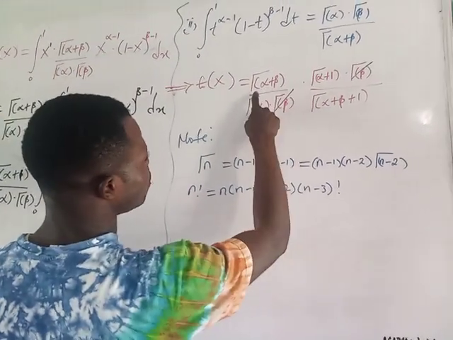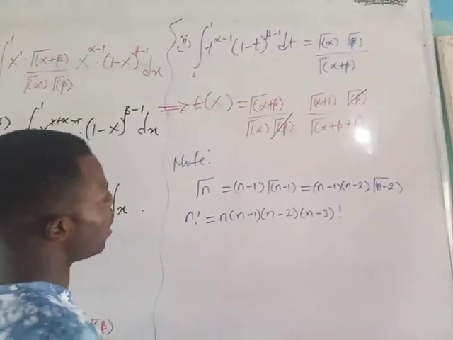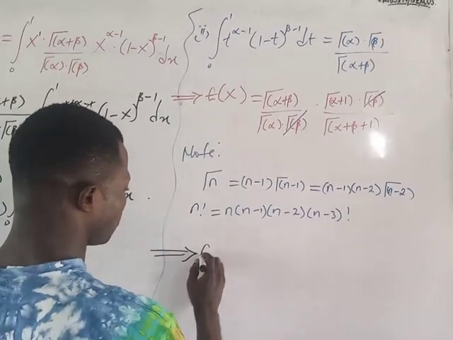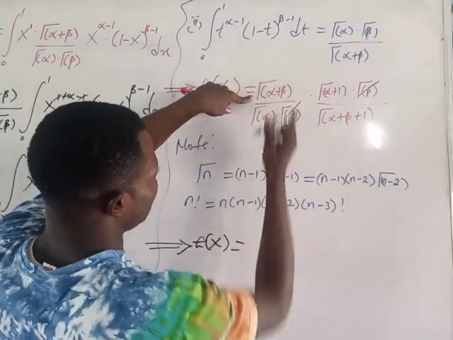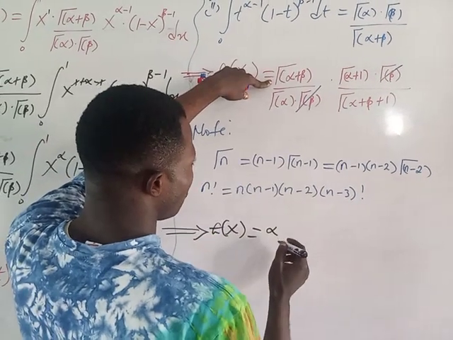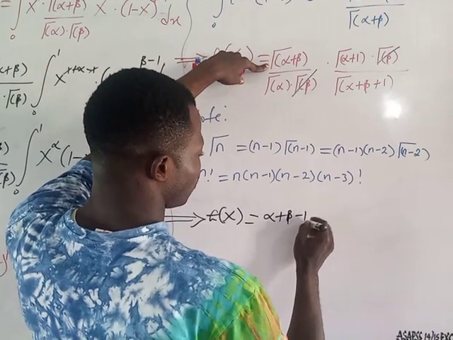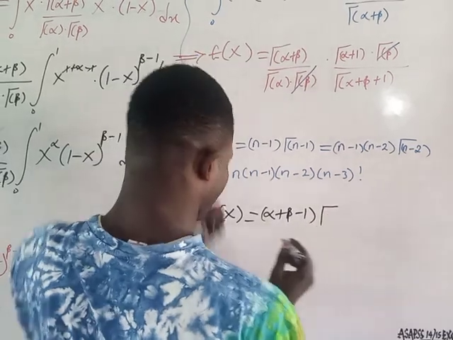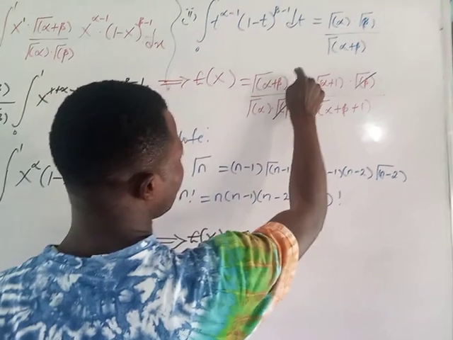So we want to reduce these gammas in order to cancel this parameter. And if you do that, we are going to have our expected value of x equal to, so this is alpha, if we subtract 1 from this, it will be alpha plus beta minus 1 gamma, or let's leave it so that we express this in a way that we cancel this directly.